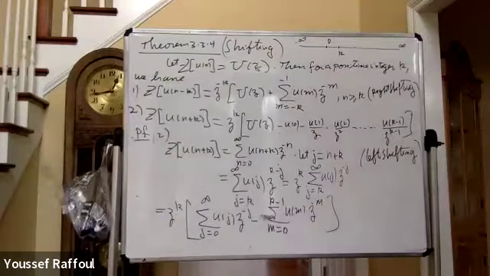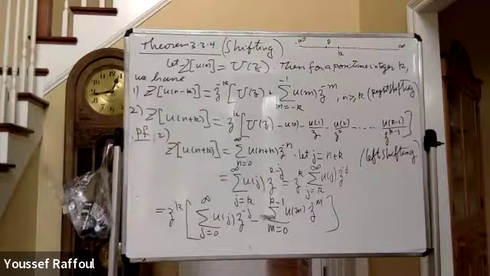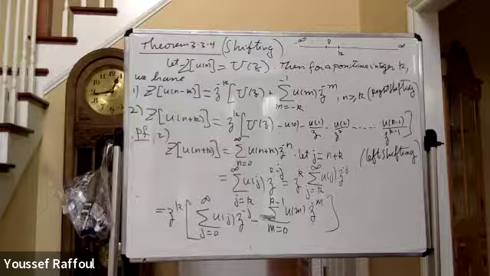There. So I went from j equals 0 to infinity minus m equals 0 to k minus 1, and then that will pick up j equal k to infinity.